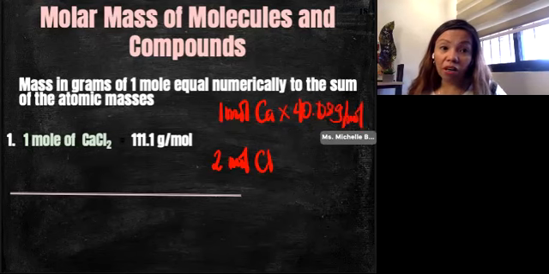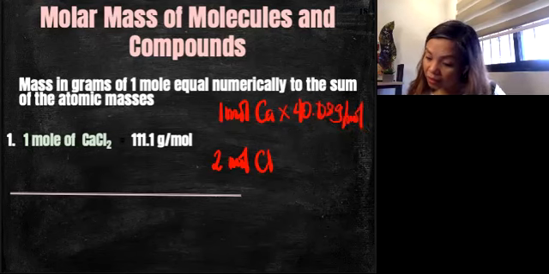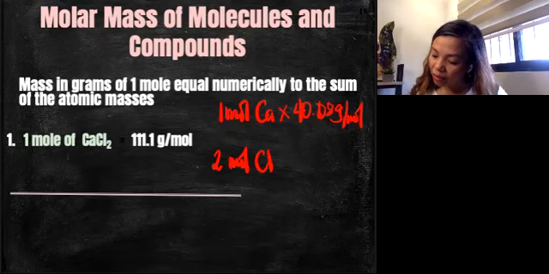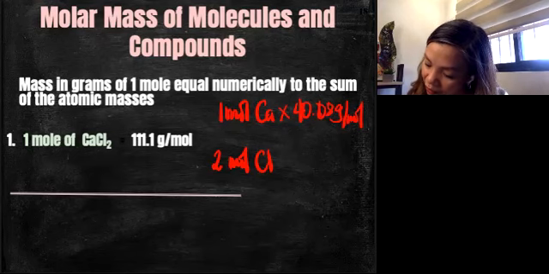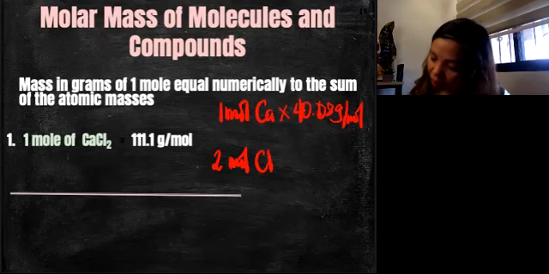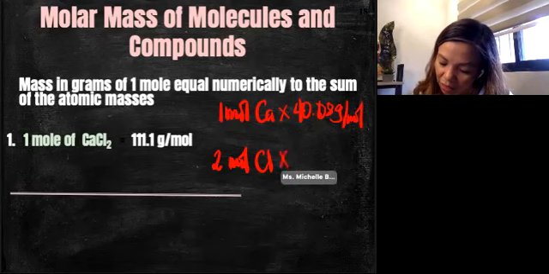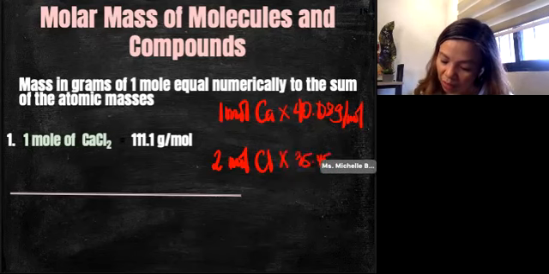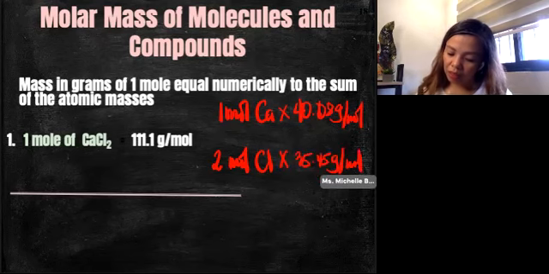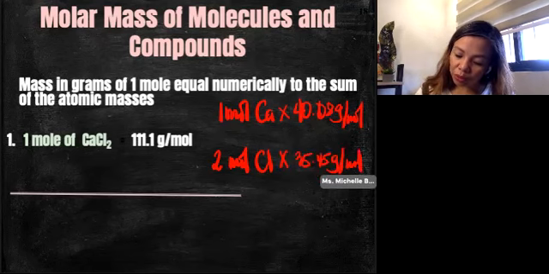Next, for chlorine, Cl, please take a look at chlorine in your periodic table. We have times 35.45 grams per mole. So what will you do with this one?